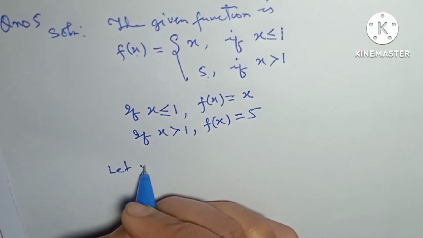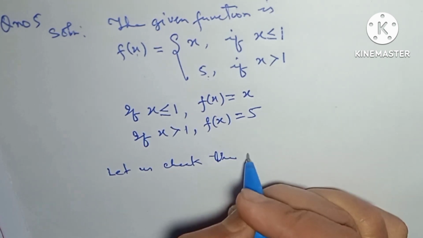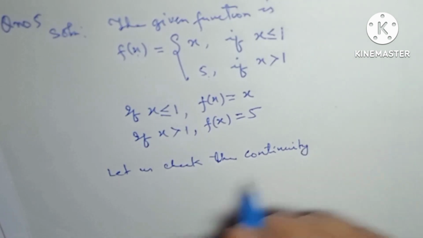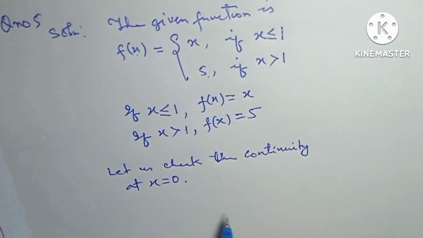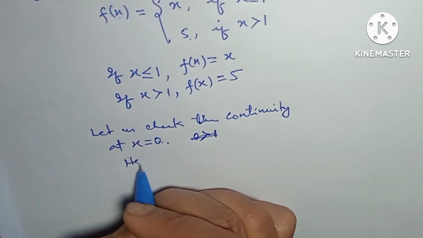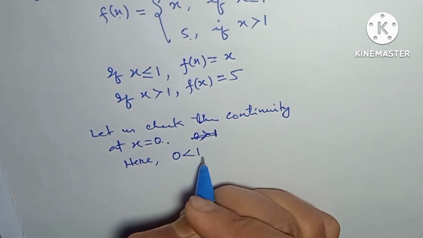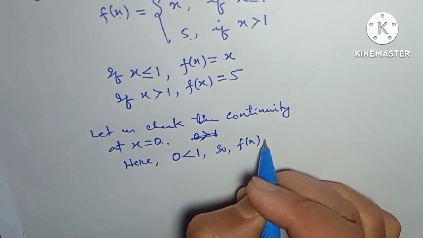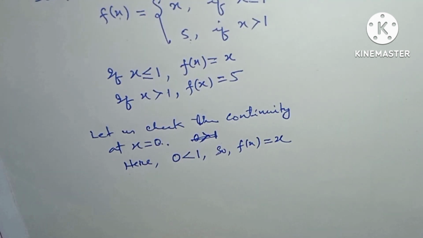Let us check the continuity at x equal to 0. Here 0 is less than 1, so f of x is equal to x according to the equation.